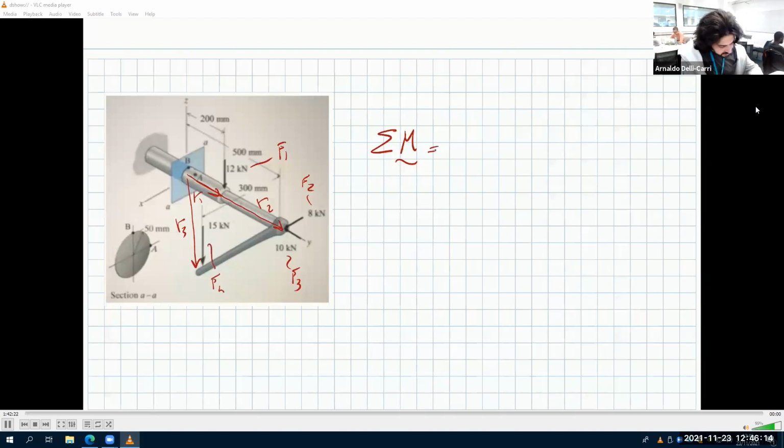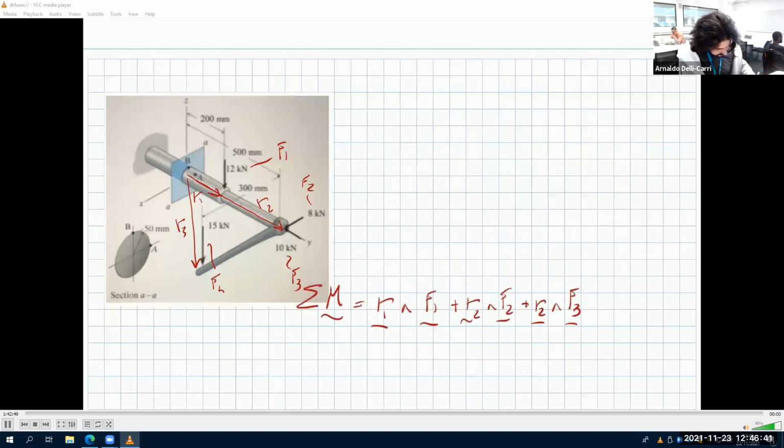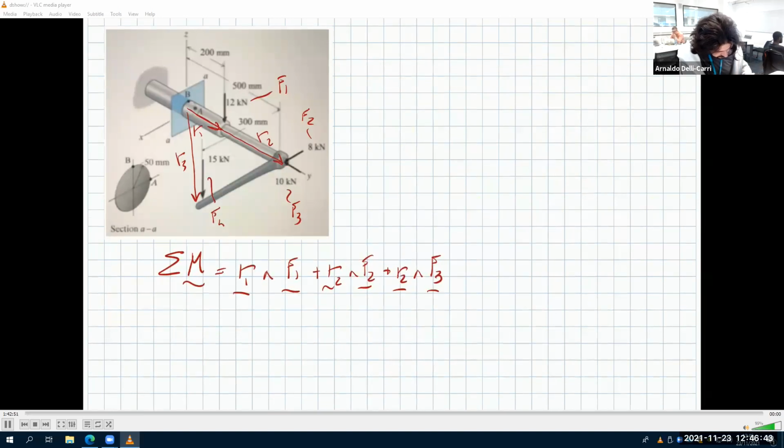And so you can say that this is R1 cross product F1 plus R2 cross product F2 plus R2 again cross product F3, because F2 and F3 are applied at the same point, plus again R3 vector product F4.